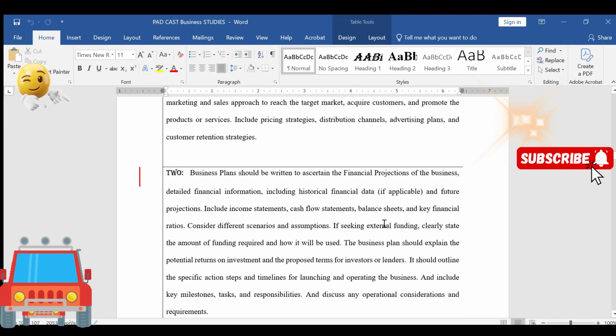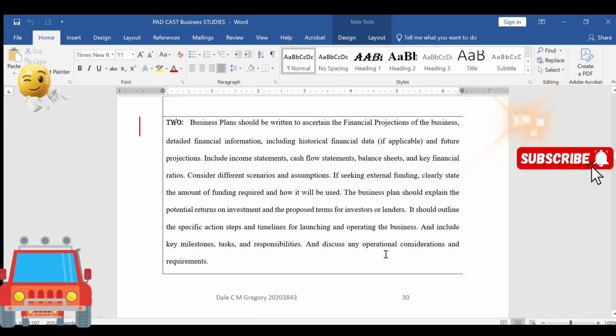Business plans should be written to assert the financial projection of the business. Detailed financial information includes historical financial data, that is, if it is available, and future projections. Include income statements, cash flow statements, balance sheets, and key financial documents.